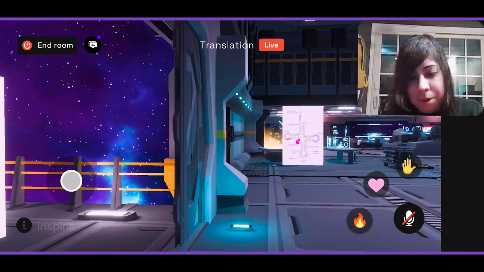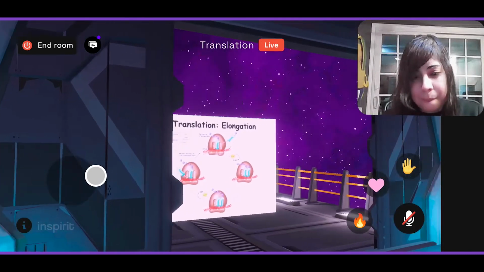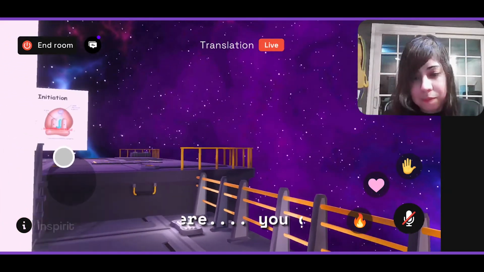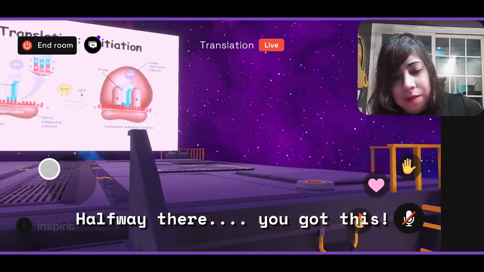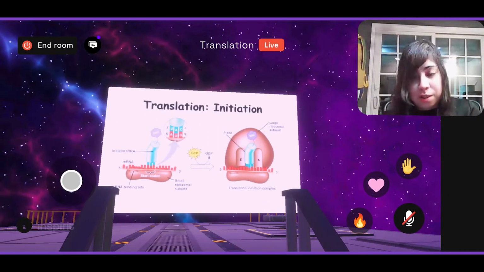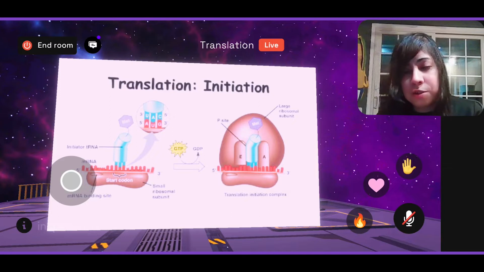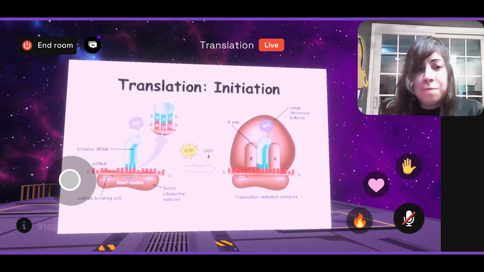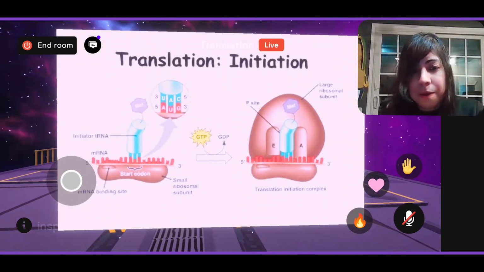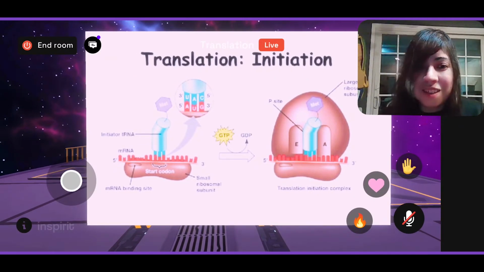So as we go ahead and peek outside the ship again, we come across the first stage called initiation. Initiation basically is when the smaller subunit binds to the 5' side at the start of the mRNA. It begins to read the mRNA in the 5' to 3' direction until it encounters a start codon.